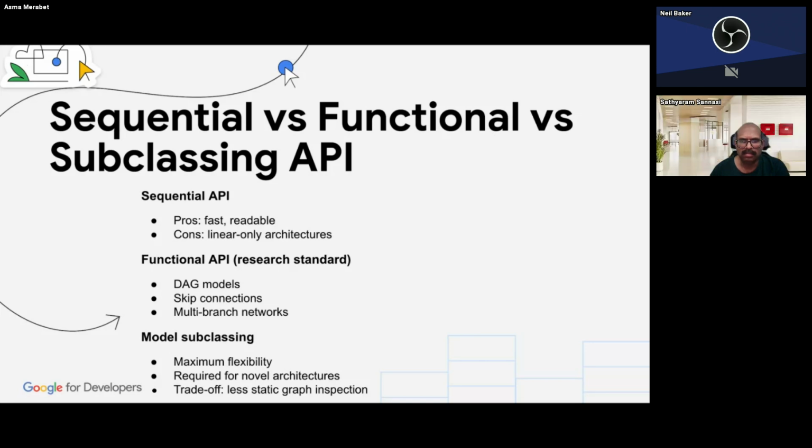The advantages of model subclassing are maximum flexibility, and it's required for novel architectures, but it has less static graph inspection, visualization is really hard, and it requires more complicated code, unlike the sequential and functional APIs, which just require simple code.